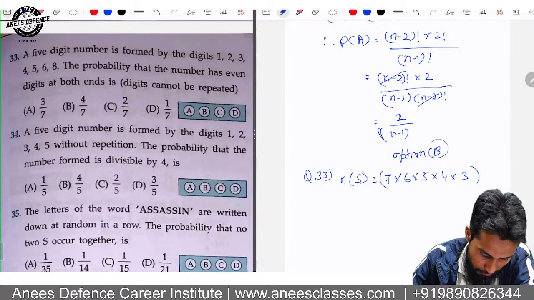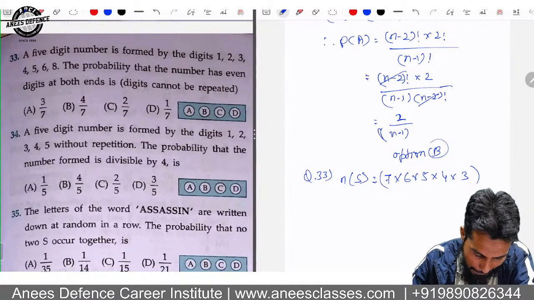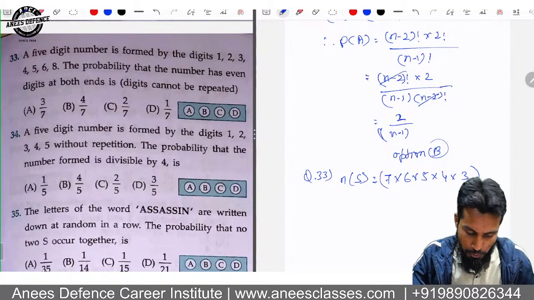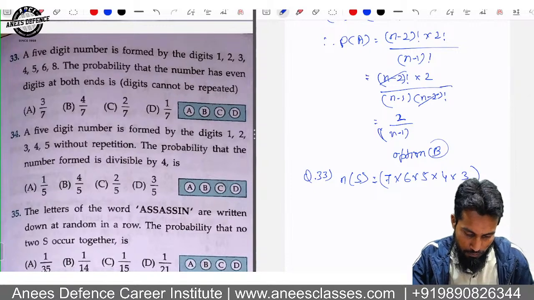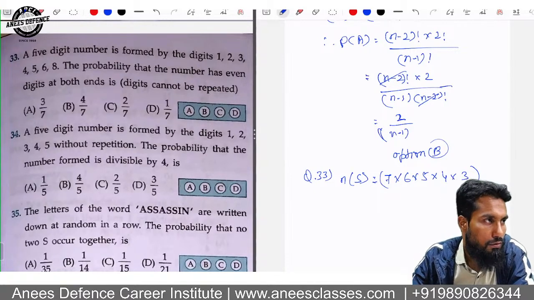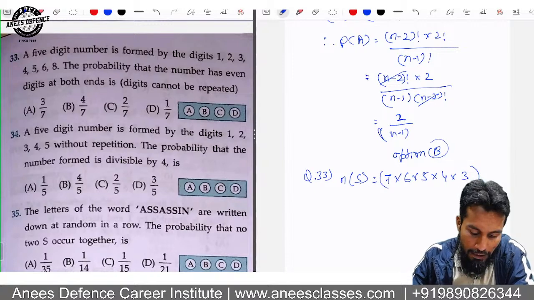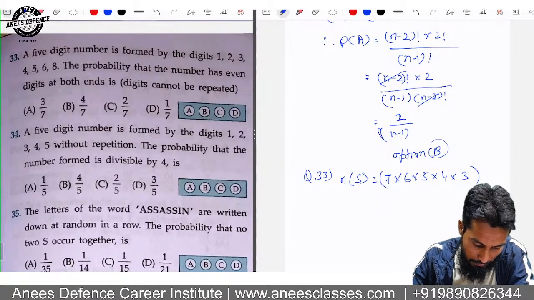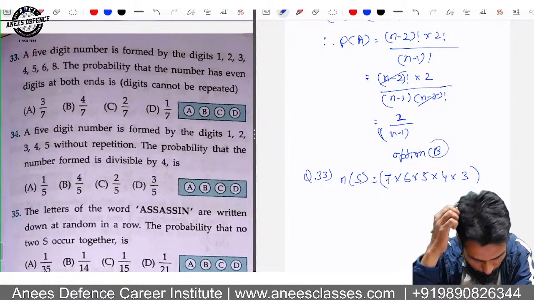So how many even numbers are there? 2, 4, 6, 8. So end positions are 2 and you have 4 even numbers. So those 2 end positions can be filled with any of these 4 numbers, so 4C2, and then you can arrange those 2 numbers in 2 factorial.